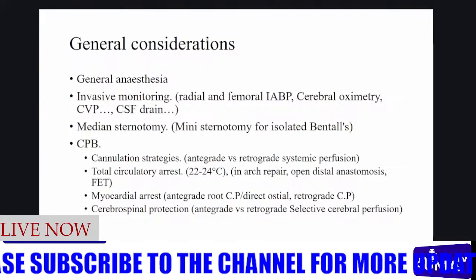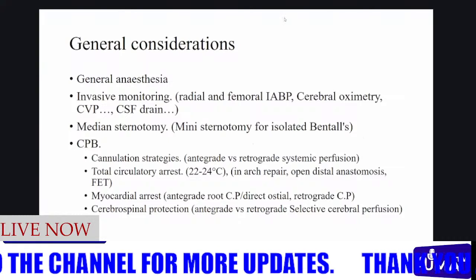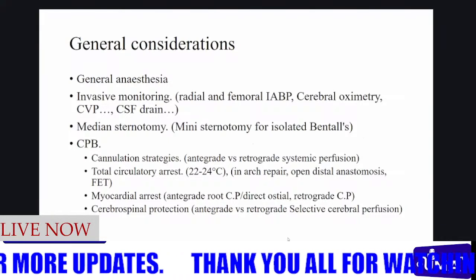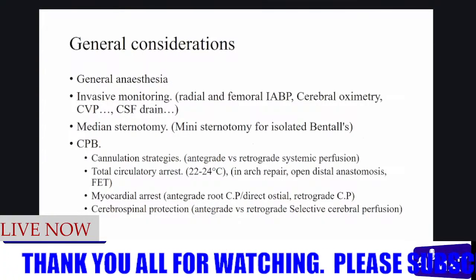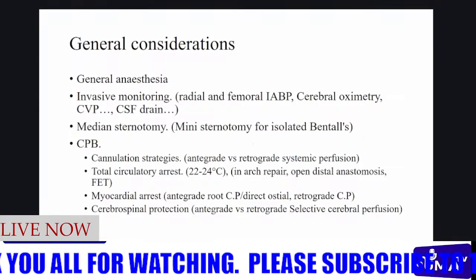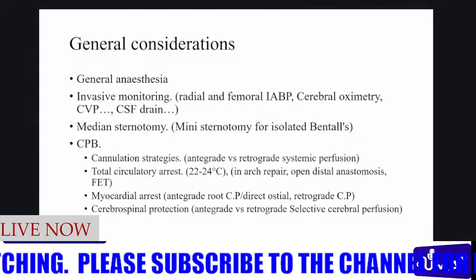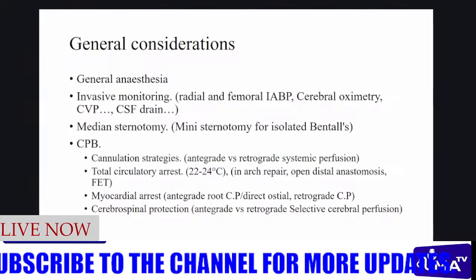Then the access is median sternotomy. We open the sternum, we split the sternum, and you access the heart. Once you open the sternum, the next thing you see is going to be pericardium, right? You open the pericardium, you go to the heart, and you extend the opening until you can expose.